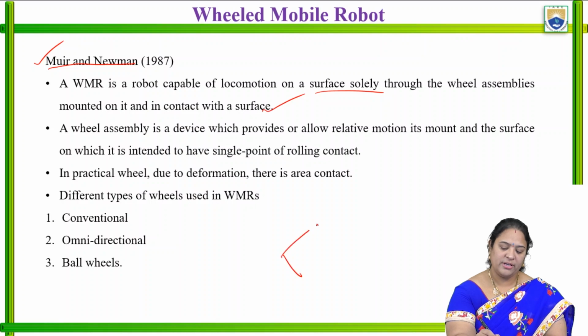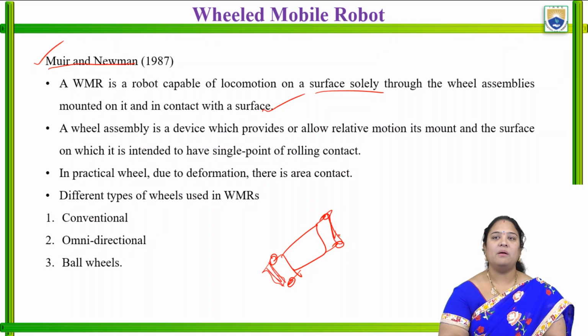That is, a robot is manufactured in such a way that when it is moving, its wheels can come in contact with the surface.